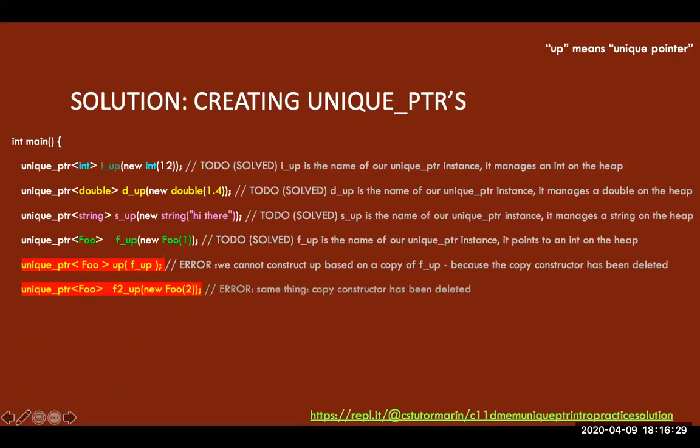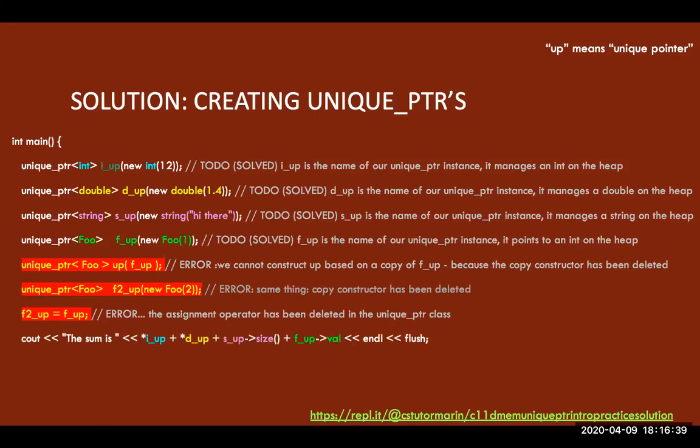And similarly, that's a copy constructor attempt as well. That's just another format for the same thing. And then this would be the assignment operator. So we can't do that either, right? So those are the things that the unique pointer will not allow us to do. But we can then go ahead and add these things up. And again, we just use those references, as I pointed out in the previous slide, and then reset.